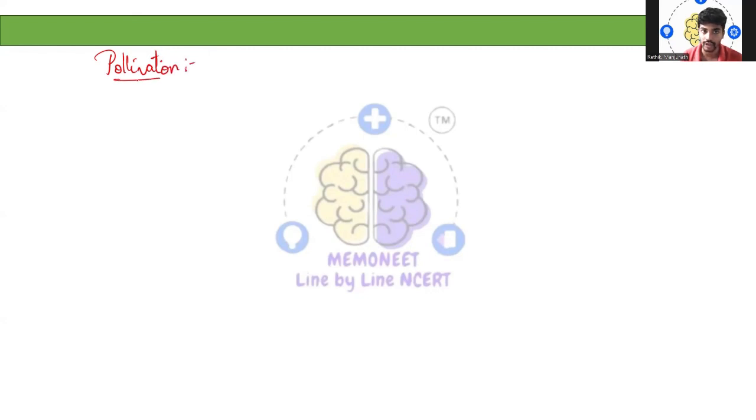This is what we normally term as pollination. This is one point. There are different kinds of pollination.